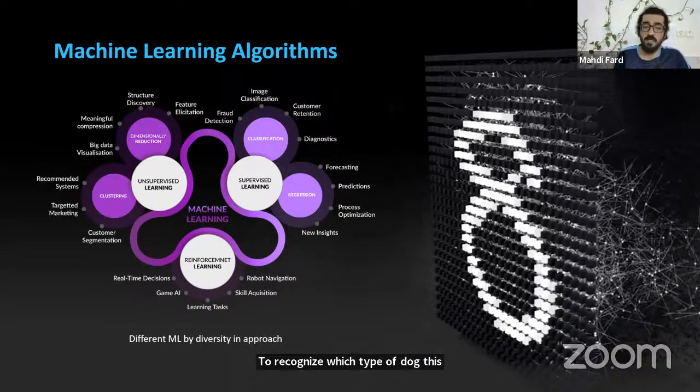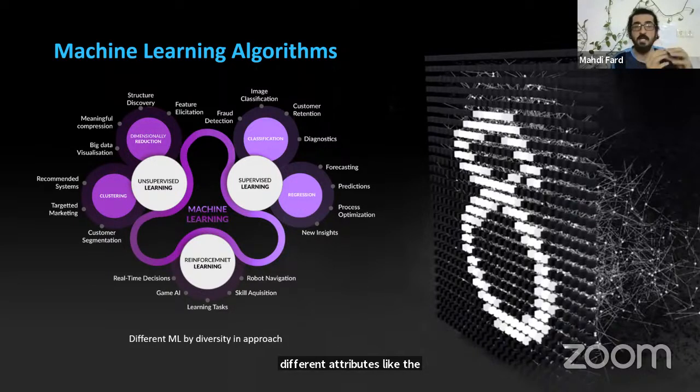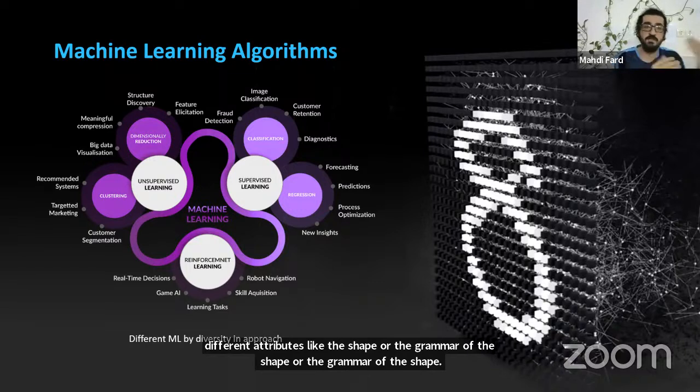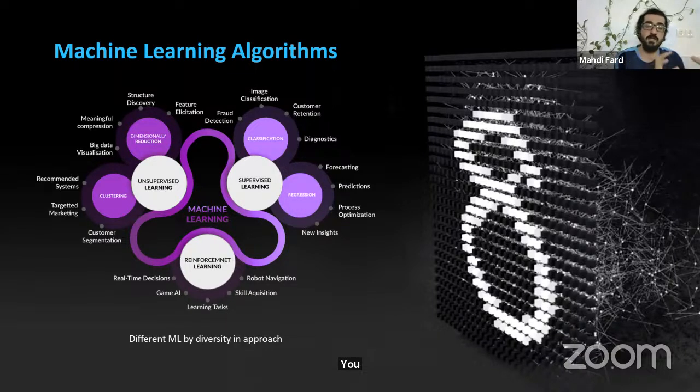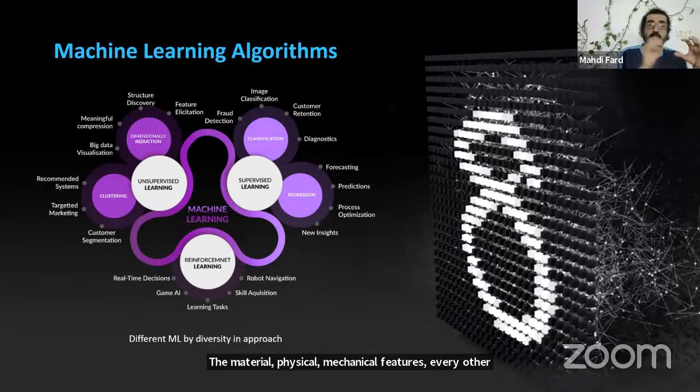So it's the same process in what we can actually apply to our field. If I want to recognize, for instance, a column with different attributes like the shape or the grammar of the shape, the material, physical and mechanical features, every related thing in architecture that we apply to our design process can actually help the algorithm find that specific element through tons of data.